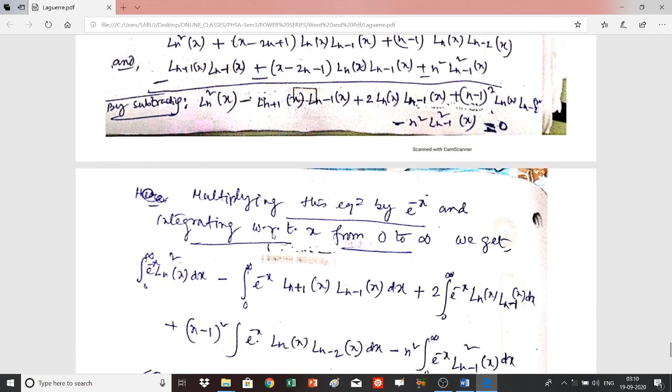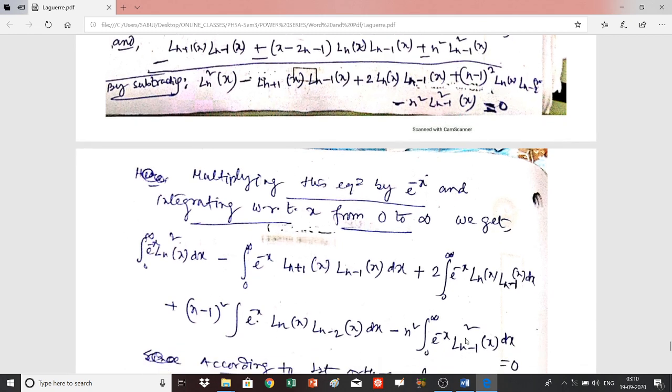Now multiply this equation by e^(-x), and then integrate with respect to x from 0 to infinity. Then from the first term you get the integral from 0 to infinity of e^(-x) Ln squared x dx, then minus the integral from 0 to infinity of e^(-x) of this term, which is written here, dx, then 2 times this term, and after that the final term is (n minus 1) whole squared, this term is also given here.